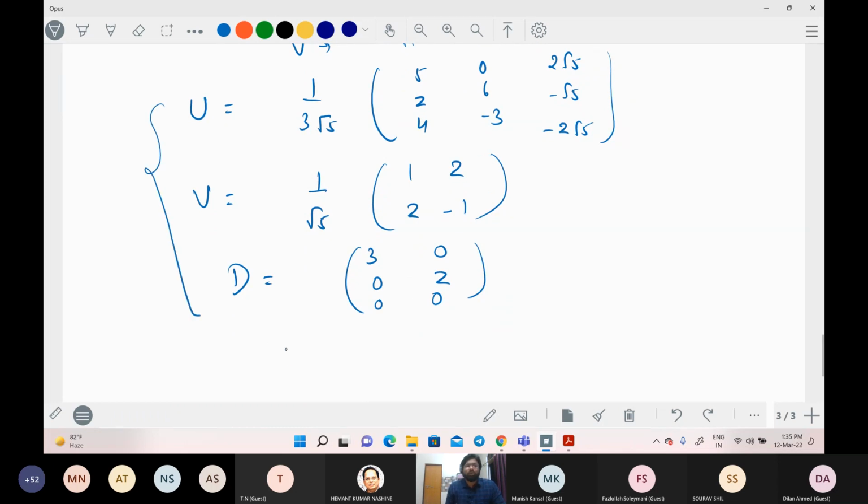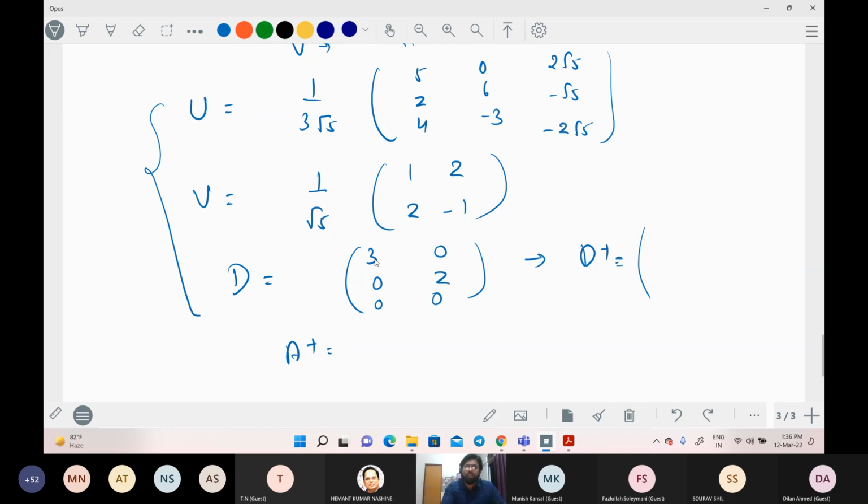Then if you want to compute D dagger, it is simple. All you have to do is simple matrix multiplications. The only important thing is how to compute D dagger. It's like an inverse. Just invert the diagonal singular values, and in place of 0, just write 0, then take the transpose.